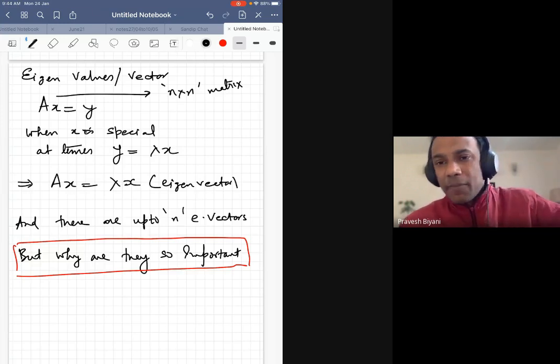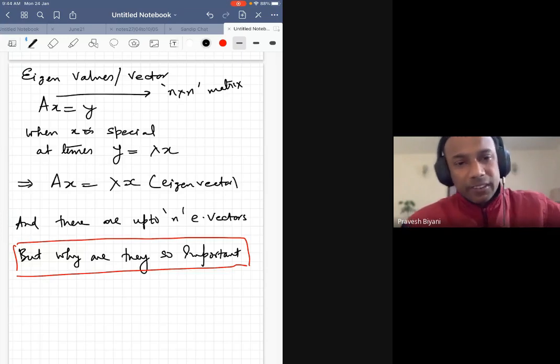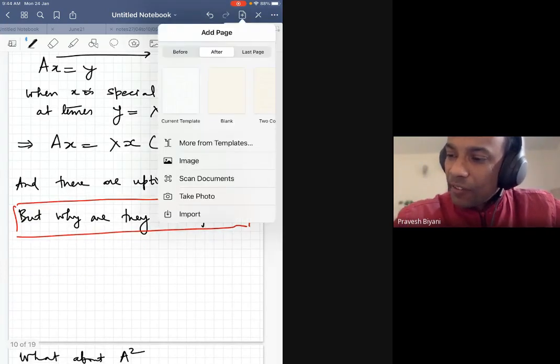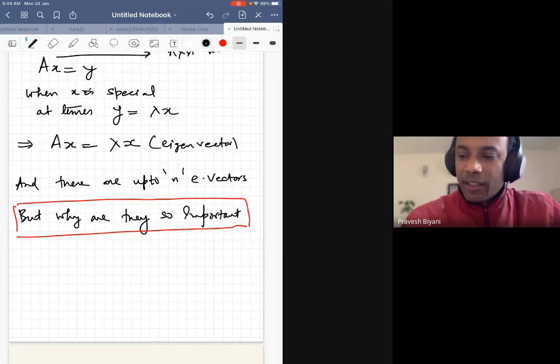Now the question is, even in that column space, are there regions where data belongs more than some other regions? That's the question.